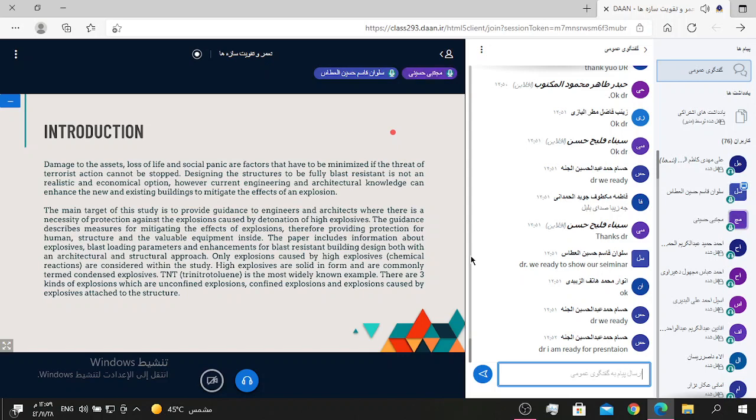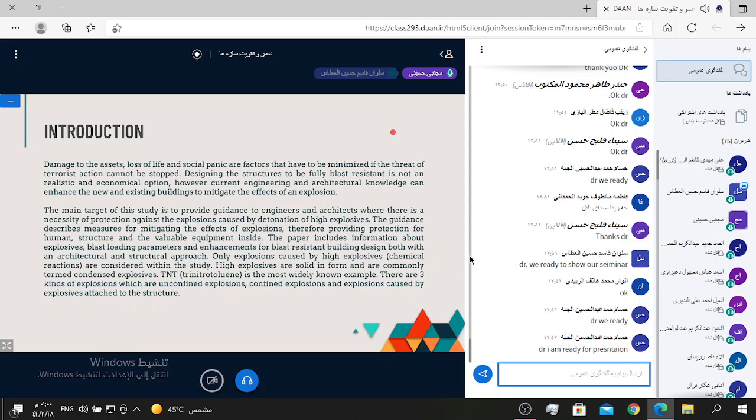The guidance describes measures for mitigating the effects of explosions, therefore providing protection for the structure and the valuable equipment inside. The paper includes information about explosives, blast loading parameters, and enhancements for blast resistance building design, both with an architectural and structural approach.